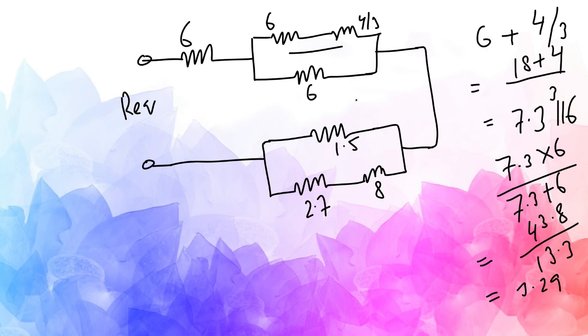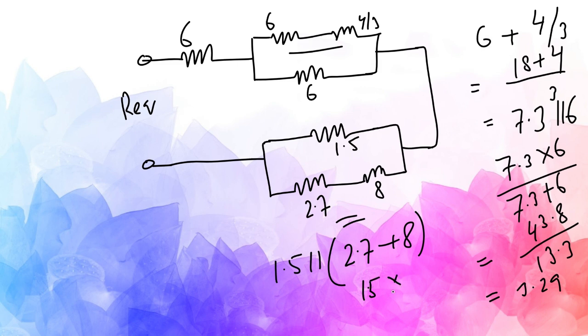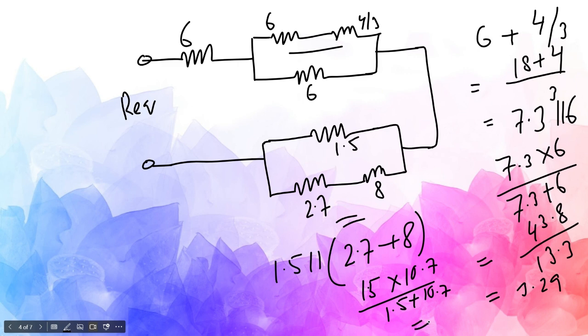Now about this circuit, first is this part, 2.7 plus 8, which is 10.7, and that is in parallel with 1.5. This is parallel with the whole thing. So the parallel circuit is 1.5 into 10.7 by 1.5 plus 10.7.